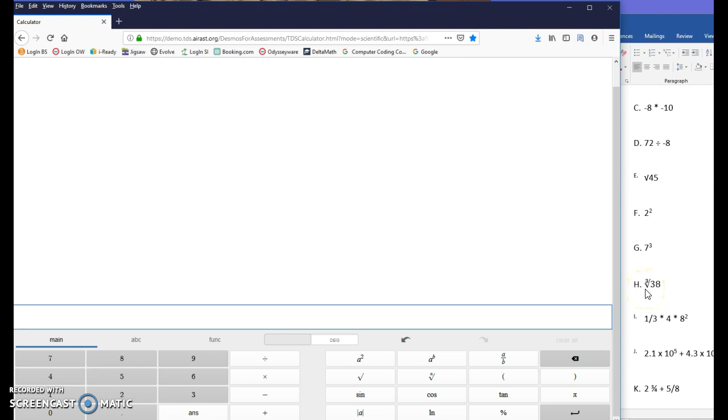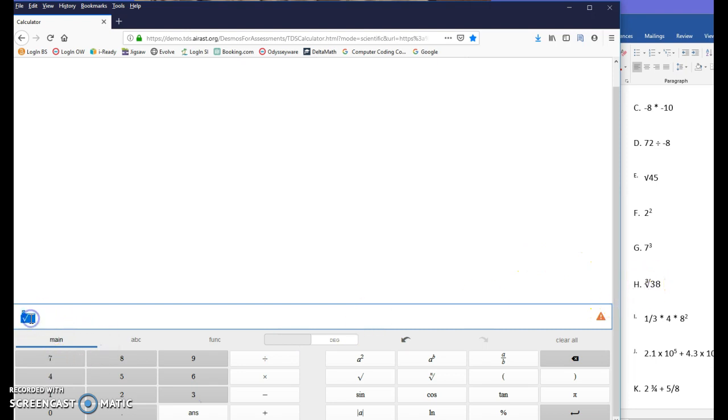The cube root of 38. This allows you to take the square root, which means you're finding what number times itself is equal to the number under the square root sign. In 8th grade, the only other root you will look at is the cube root. So I press this button and I have to type in what root I want. So I have to put the 3 there, just like we see in the problem.